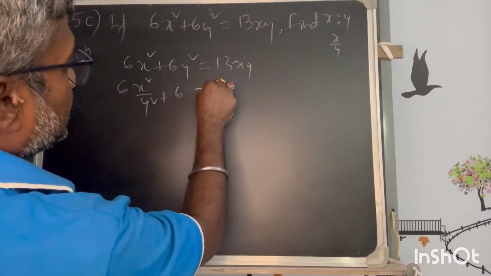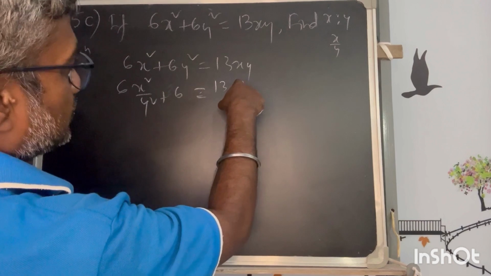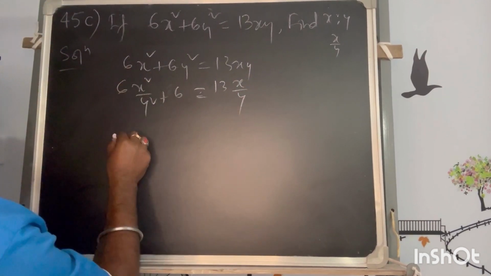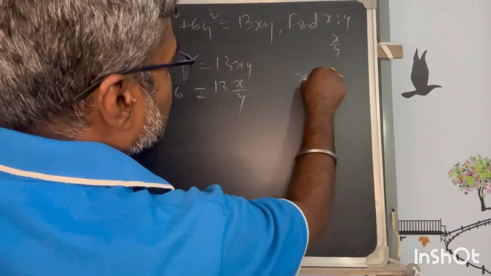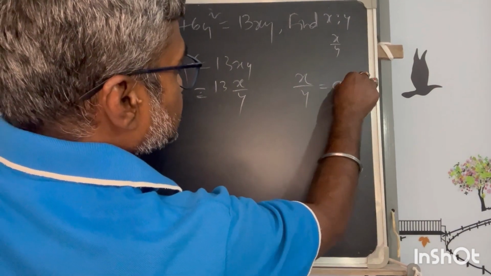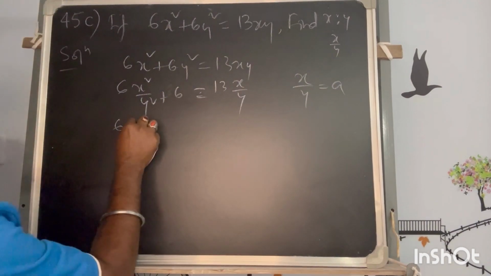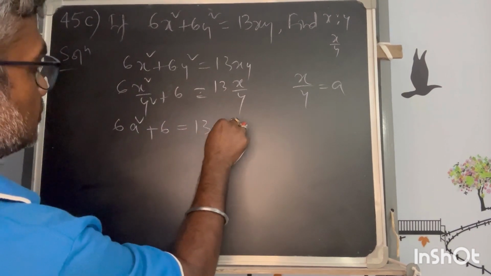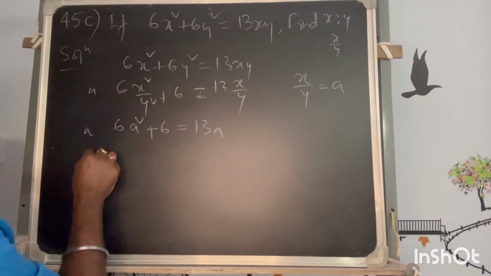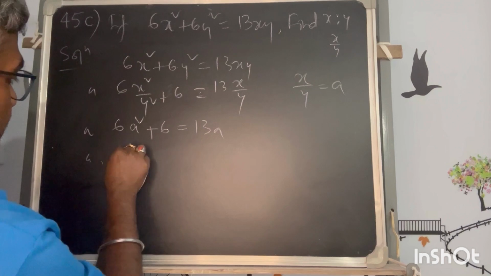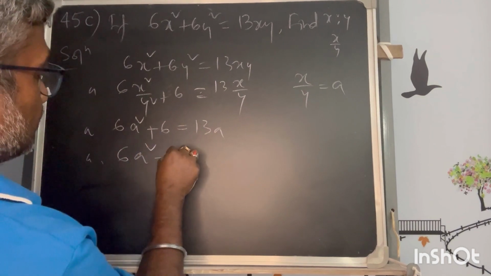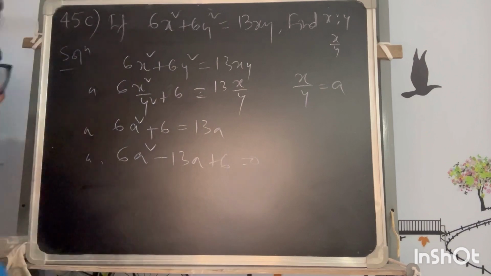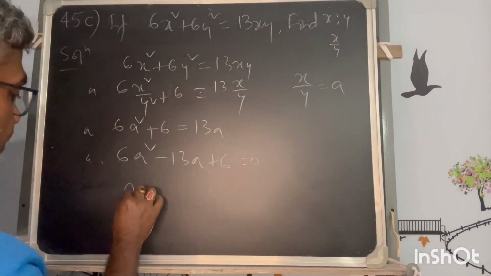Here 13, and if I divide with y square, y will cancel, so this will remain as x by y. Now instead of writing it, I can assume x by y is a. So this can be a square plus 6 is equal to 13a. This has been converted into a quadratic equation in the variable a. So now what could be the value of a?